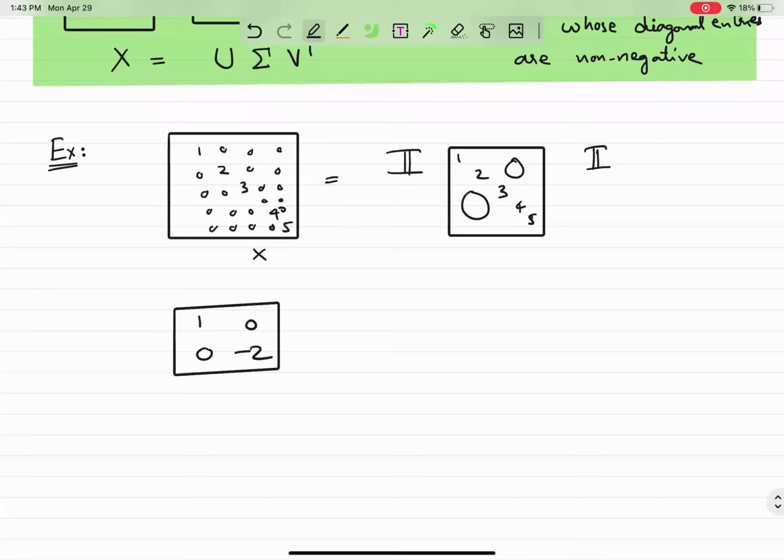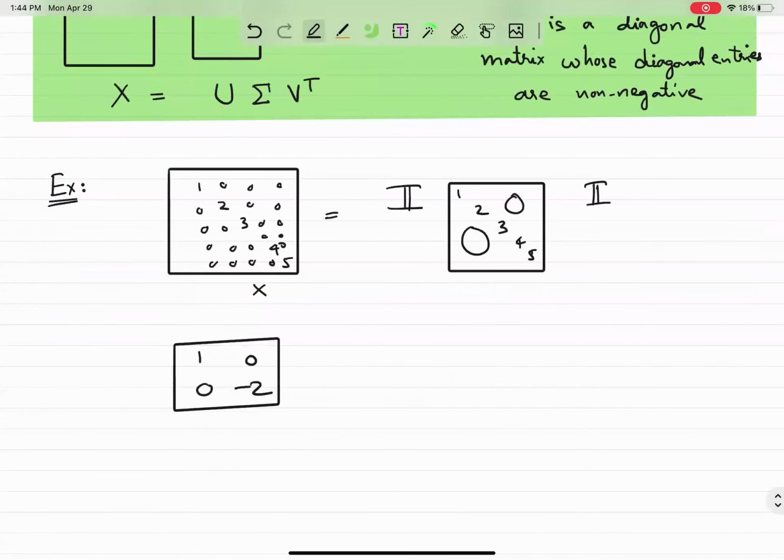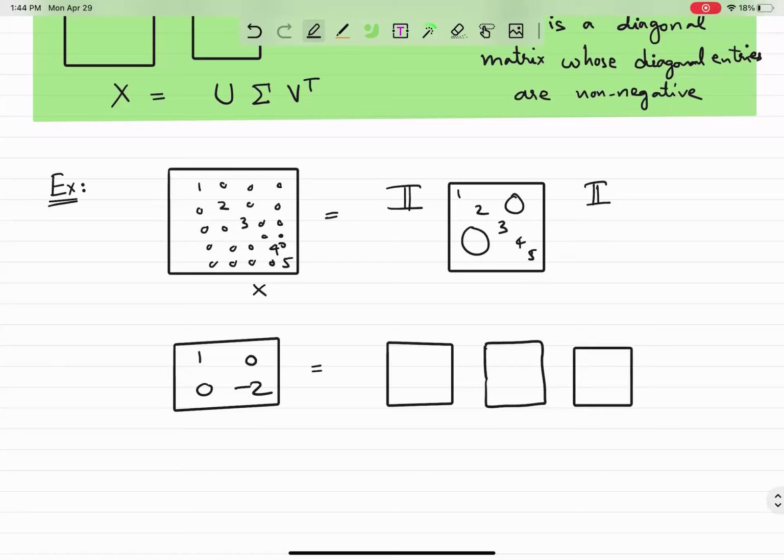No, but the diagonal has to be non-negative. So you need U sigma V transpose. I think you're right, but basically the idea is that we want the diagonal to be positive. But there is a negative number here, this -2.